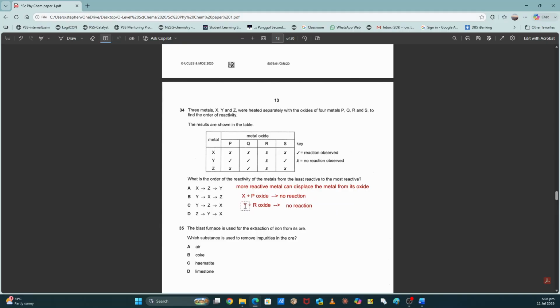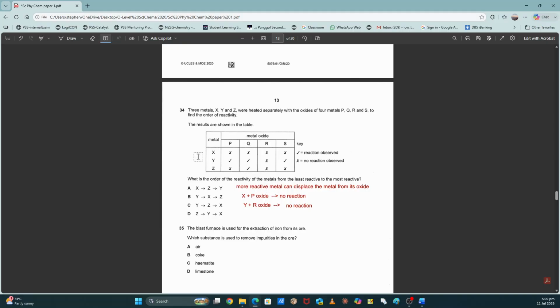So that means Y is weaker than R, so it cannot displace it. And let's look at the third one. Z can displace P oxide, can displace R oxide? Sorry, it cannot. It can only displace Q.